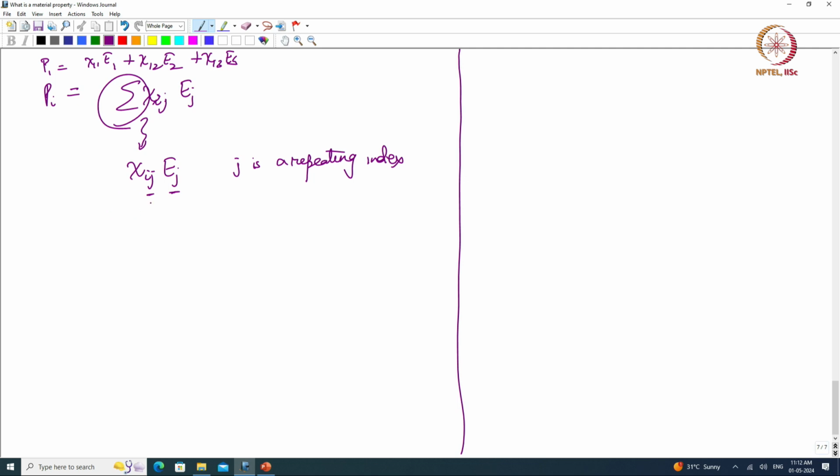So chi_ij E_j actually means chi_i1 E1 plus chi_i2 E2 plus chi_i3 E3. From now on I am just going to follow the genius Einstein and write this, meaning P1 is chi_11 E1 plus chi_12 E2 plus chi_13 E3, P2 is chi_21 E1 plus chi_22 E2 plus chi_23 E3, and so on. A repeating index needs to be summed over.